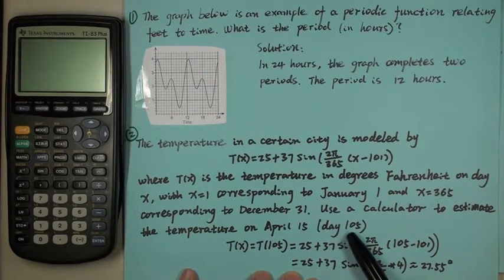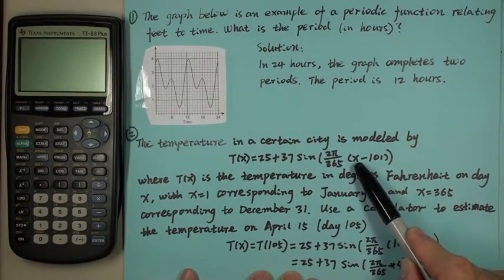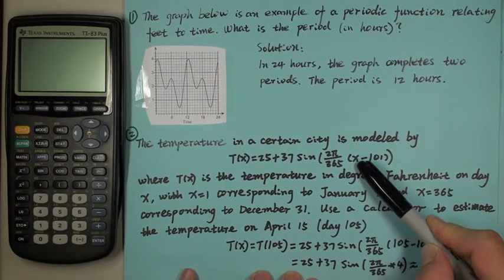That's day 105. So that's the easy part. For April 15th, that's the 105th day. So you plug in x equals 105 and then calculate.